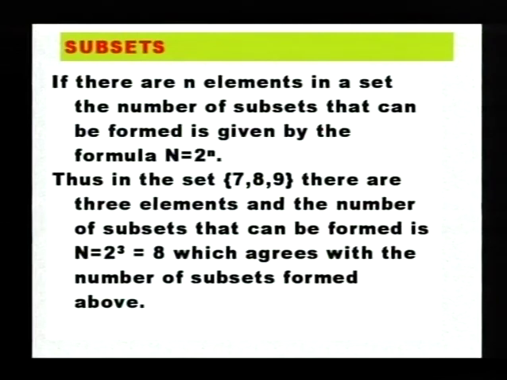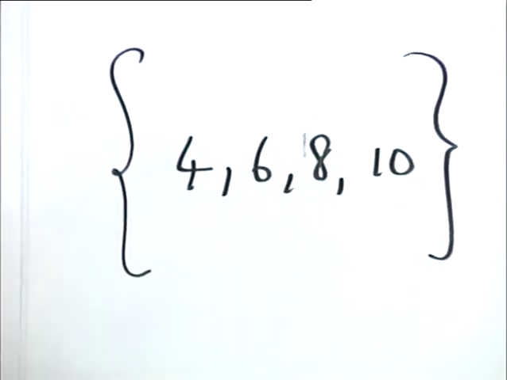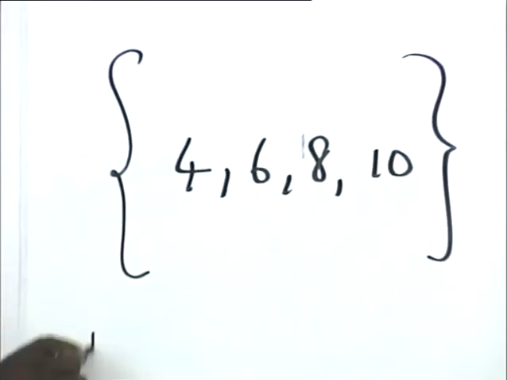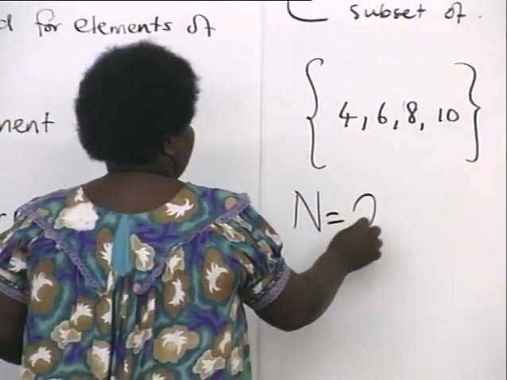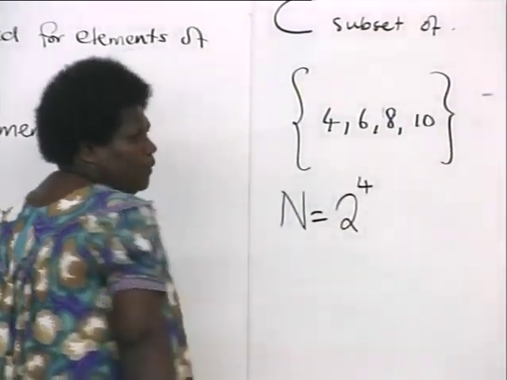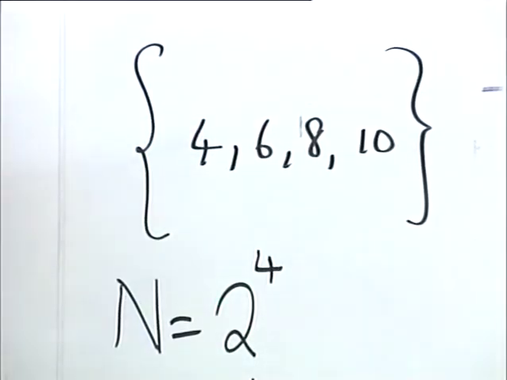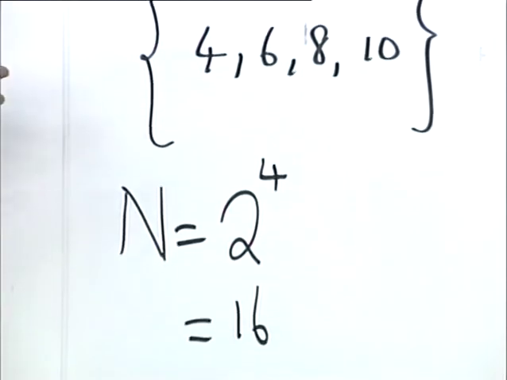It explains from the previous set that we looked at, {7, 8, 9}. So in this case, we've got 1, 2, 3, and 4 elements, so the number of subsets that can be formed will be 2 to the power of 4. That means that 16 subsets can be formed from this set.